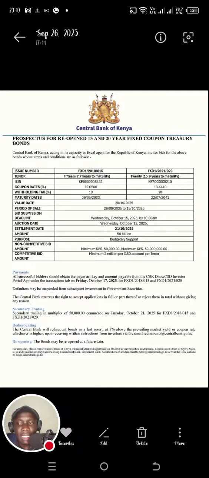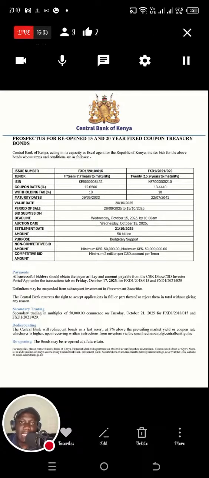So FXD1 tells you that this is a taxable bond, that 10% of anything you get from this particular bond will be taken back by the same government that you are lending to. 2021 means that this is a bond that was issued in 2021. 020 means that the tenor of this bond when it was first issued was 20 years.